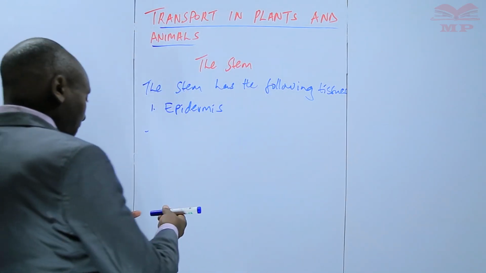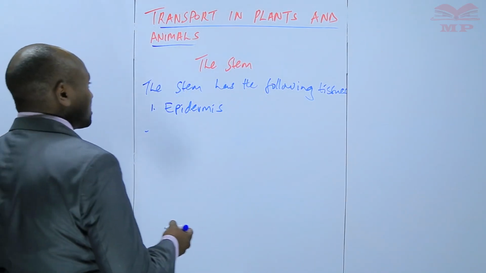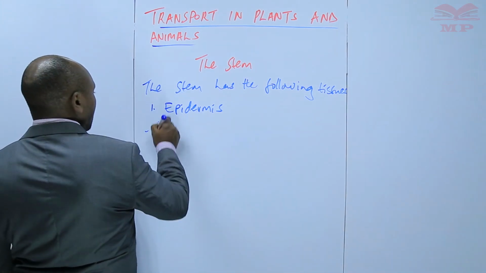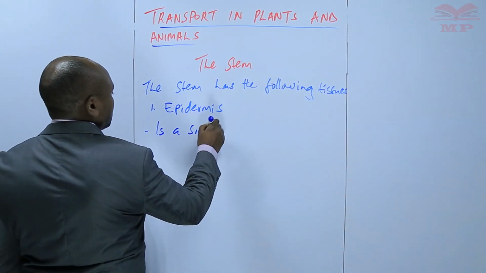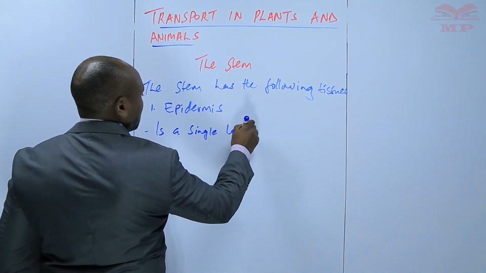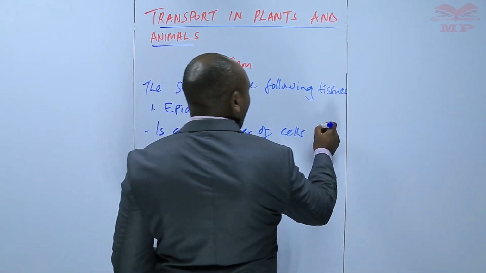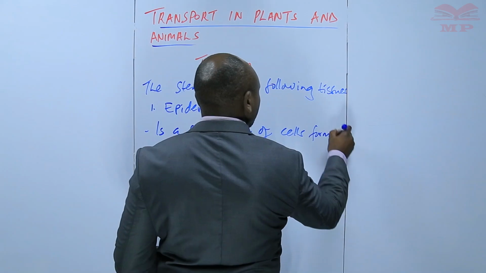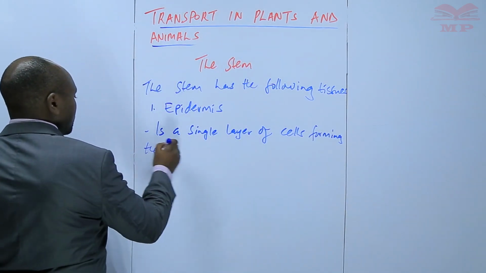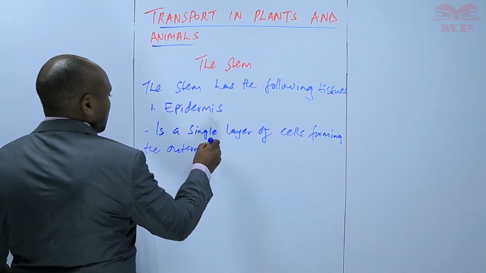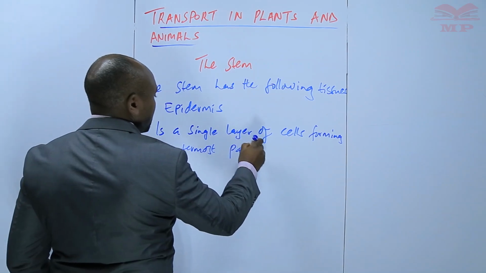So basically, we can say that the epidermis is a single layer of cells forming the outermost part of the stem.